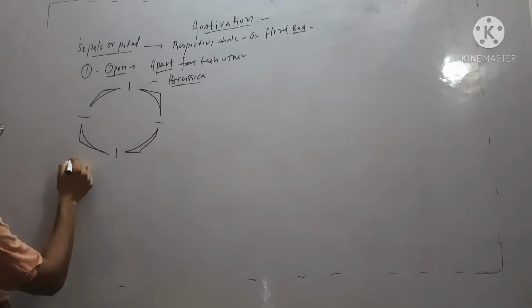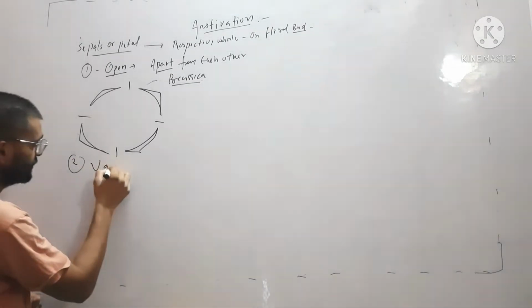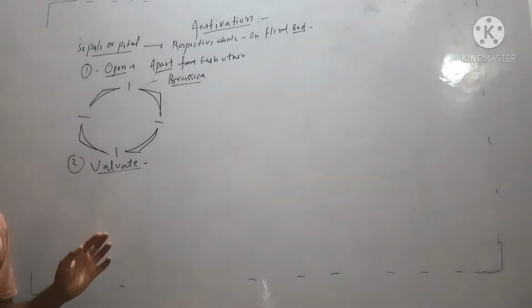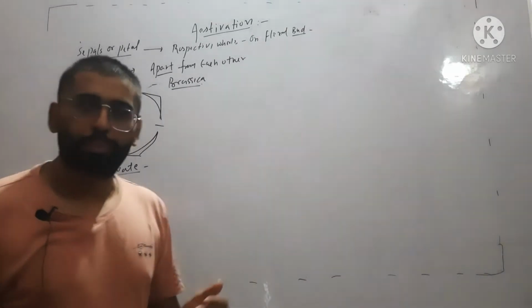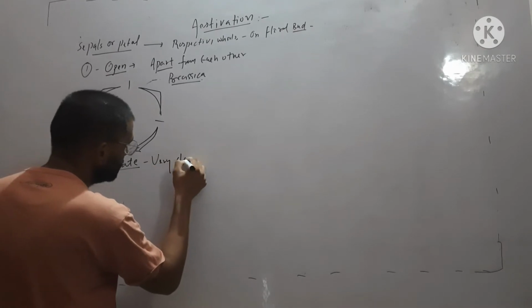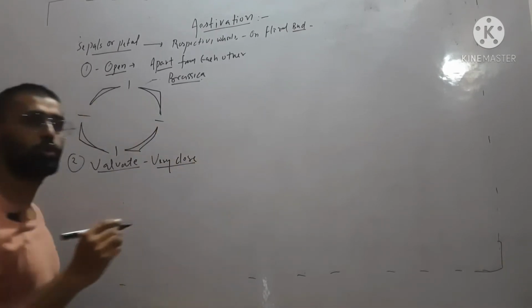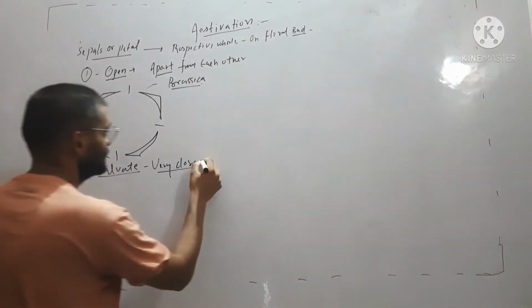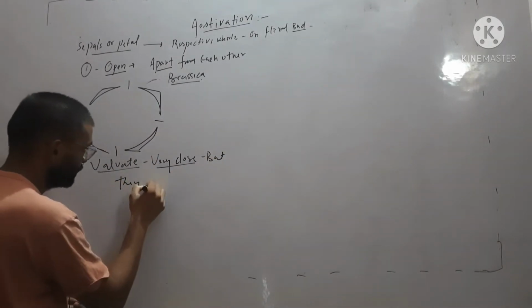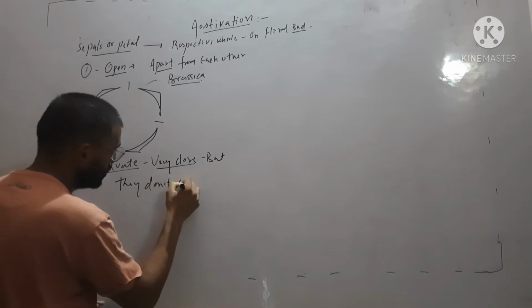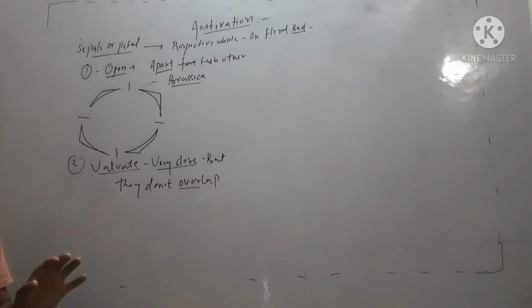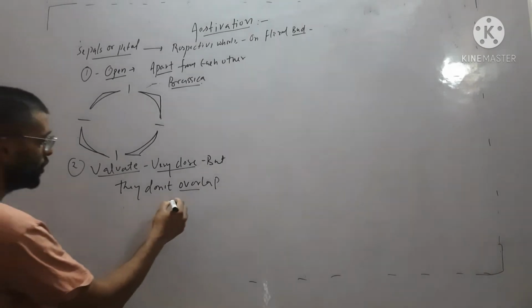Second one is valvate. In this type of estivation, sepals or petals are present very close to each other, but they don't overlap.